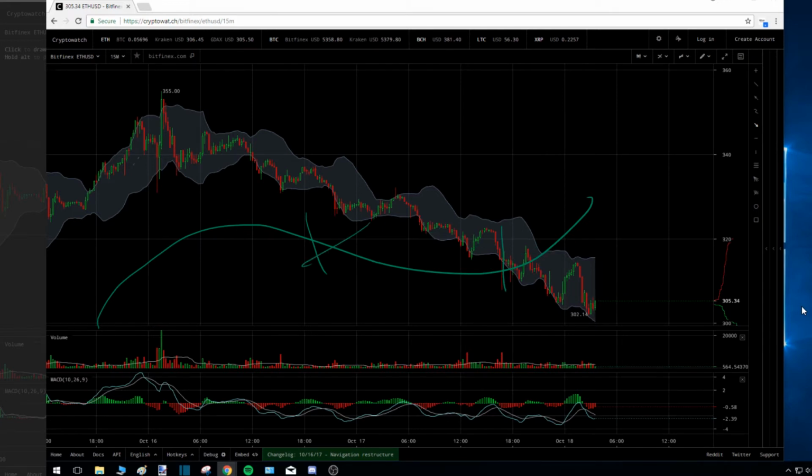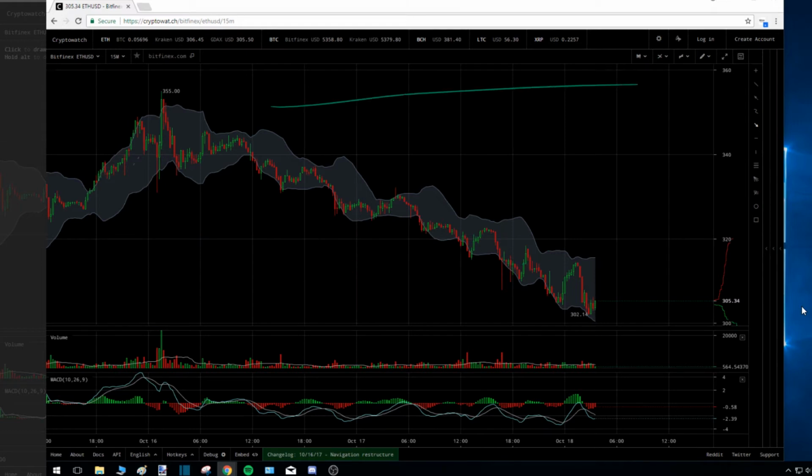Likewise, if you're in a sideways, range-bound market, a market like this is not going to be very good for the MACD. So what you want is a consistent uptrend or a consistent downtrend, and that's where you're going to use the MACD.